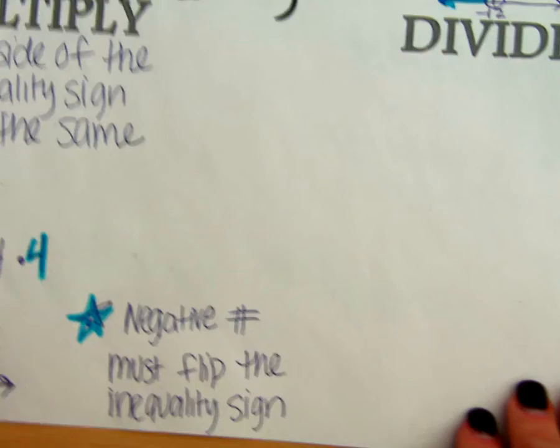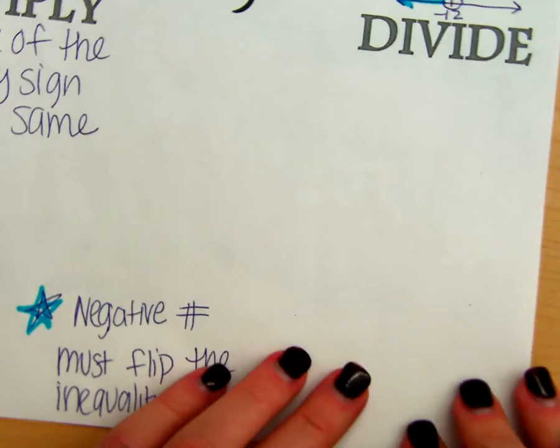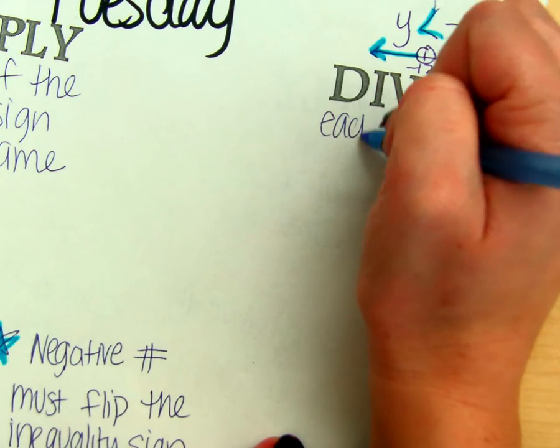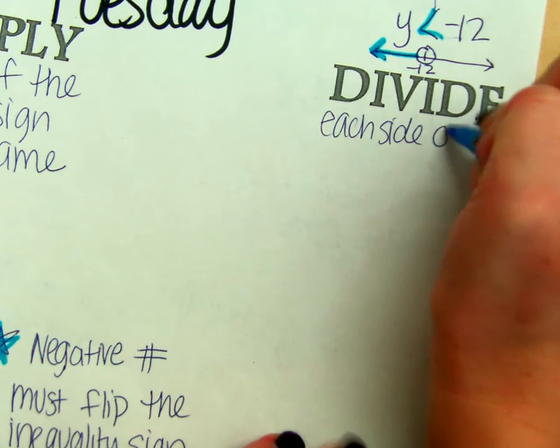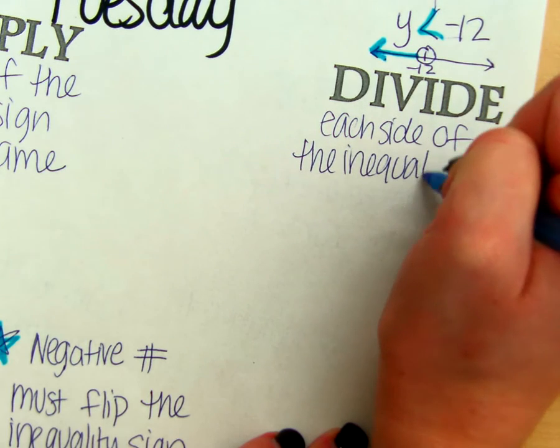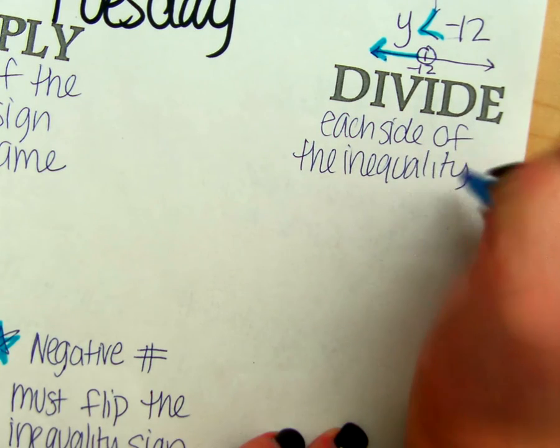And I will show you what that means in this example. When we divide each side of the inequality by the same number.